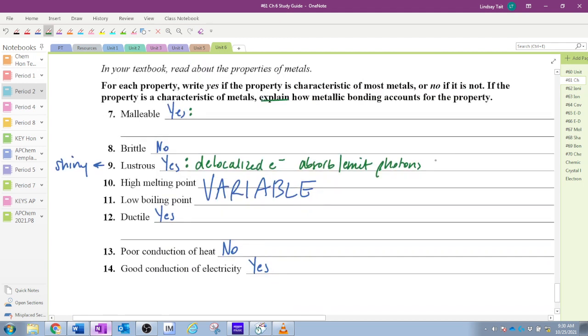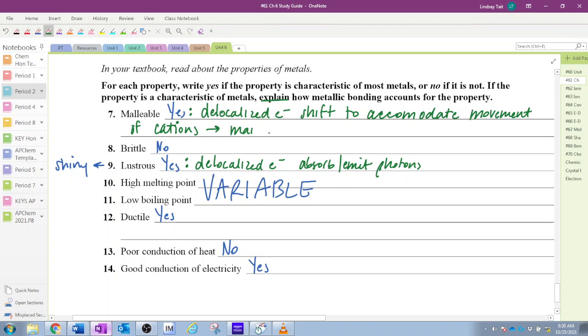So what we can say is delocalized electrons shift to accommodate movement of cations. And why does it matter that they shift to do that?